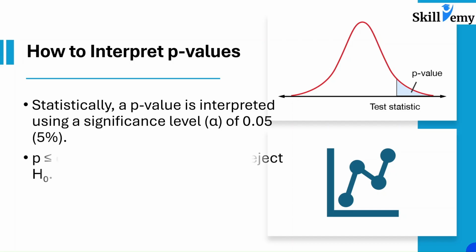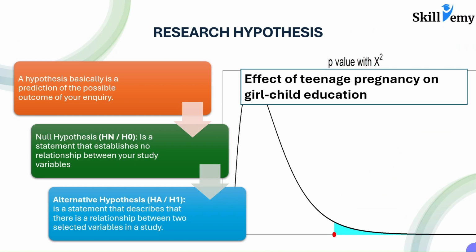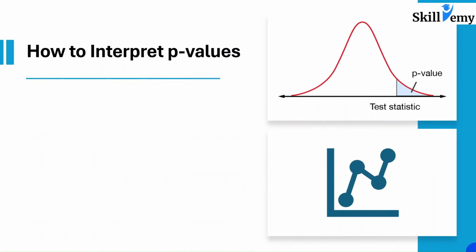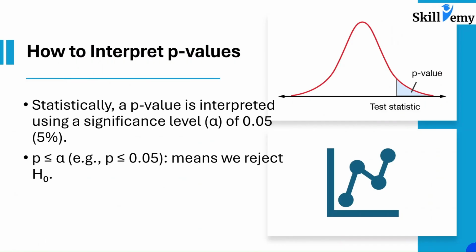When you run an analysis and you have a p-value that is less than your significance level, or less than 0.05, it means that we reject our null hypothesis.